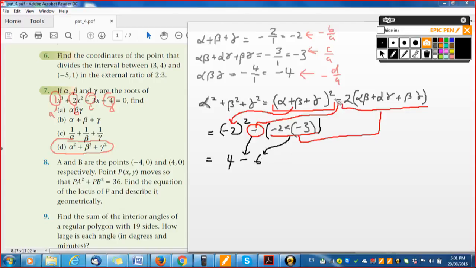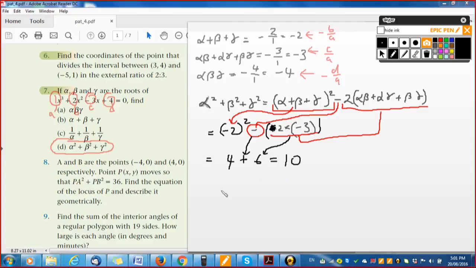Because you've got to take into consideration this minus here. That goes there. Sorry, that should be a plus. Yeah, because that's positive 2, because we've already got this minus here. So you can ignore that minus there. So it ends up being plus 6.